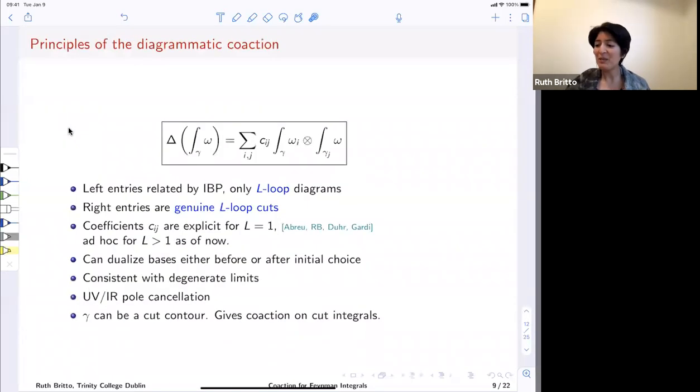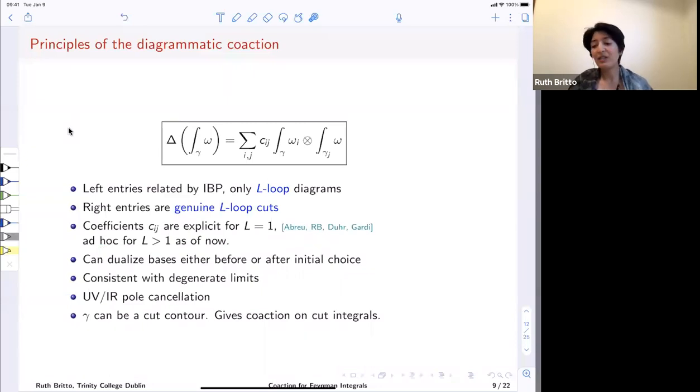Okay, so to summarize, as we're looking for the diagrammatic coaction, the integrals here on the left are related by IBP, and we only have L loop diagrams because you can't reduce the loop order by IBP relations. On the right side, you have genuine L loop cuts. We know the coefficients very explicitly at one loop.